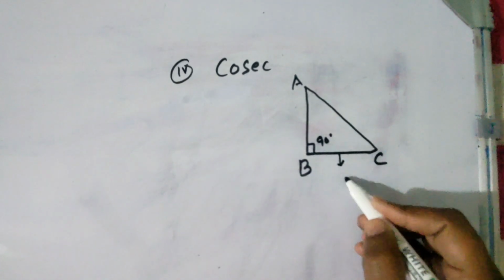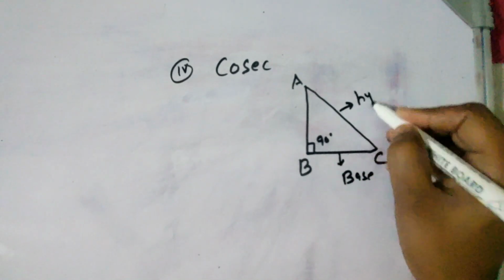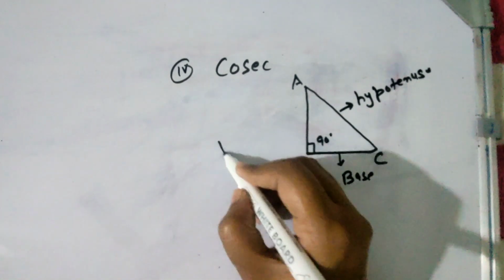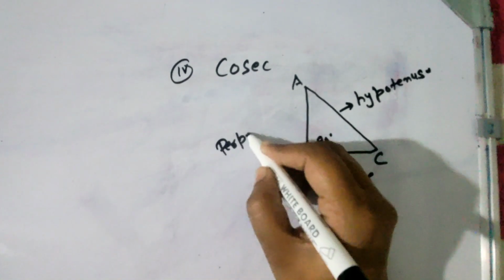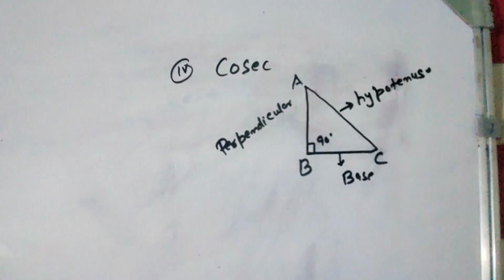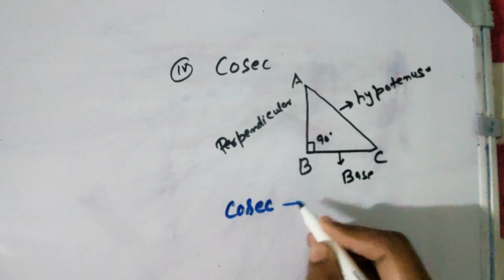Here BC is the base, this is the hypotenuse, and this is the perpendicular. Then cosec is just the reverse of sine.